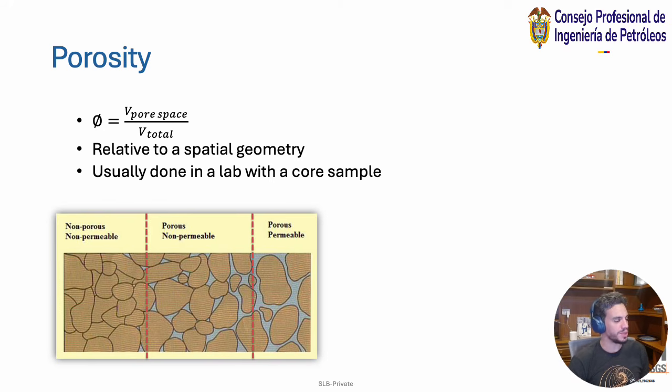We have a diagram here displayed, and this sort of captures what we're talking about when it's relative to the spatial geometry. In the leftmost part of the diagram where it says non-porous and non-permeable, it's a bunch of rocks put together. There's not many pathways, like these blue pathways that you see in the other parts of the schematic, where fluid could flow through. So we call this non-porous. If we put water, it wouldn't go through these rocks, right? And in the middle, we have this porous non-permeable, which is an example of where there are some little holes, but there's not much connectivity.